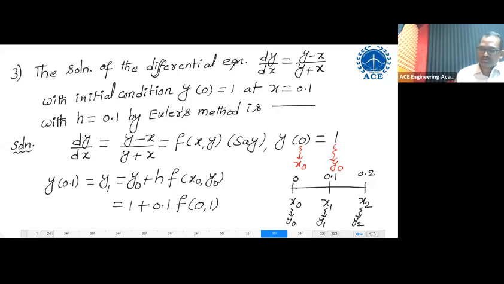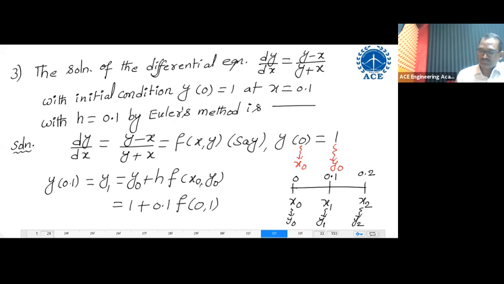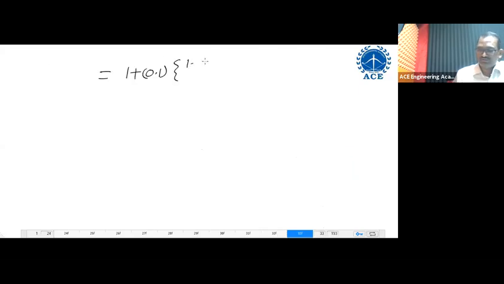Substitute 1 plus 0.1 into f of 0 comma 1. X value 0, y value 1. So 1 minus 0 by 1 plus 0. That is 1.1.